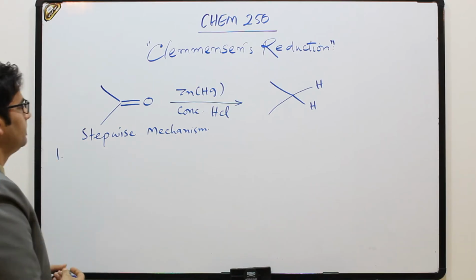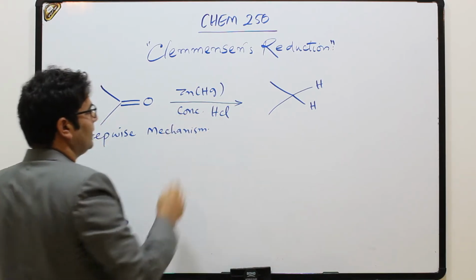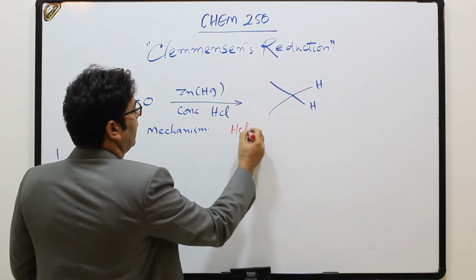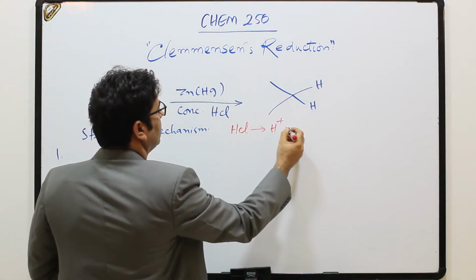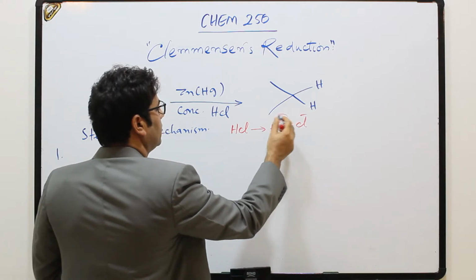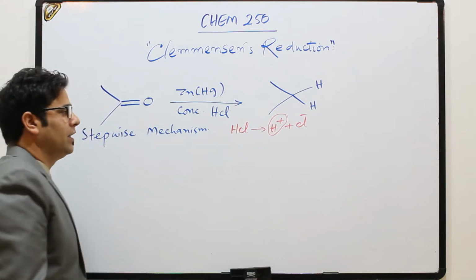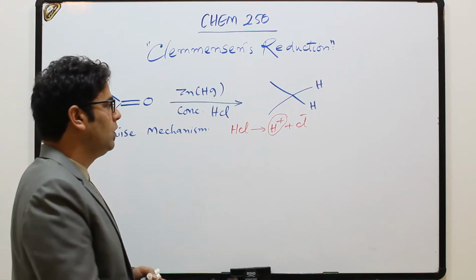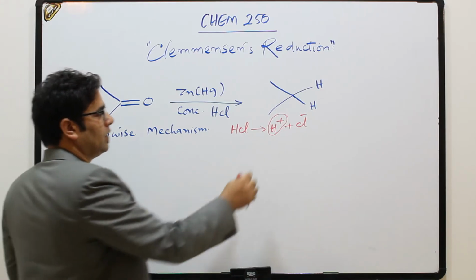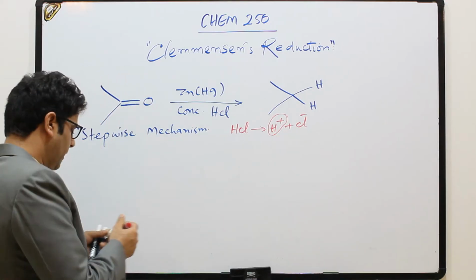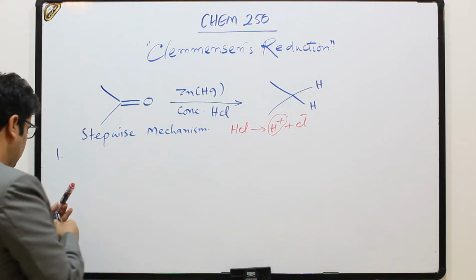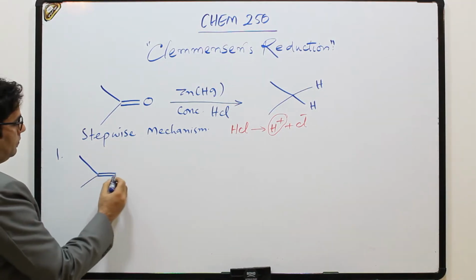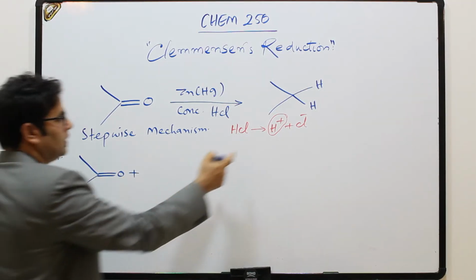What is happening? This concentrated HCl can give H positive plus Cl minus, because it is under acidic medium. So whatever H positive we use in this whole mechanism, they will come out from HCl. Now step number 1: take this molecule plus this H positive.